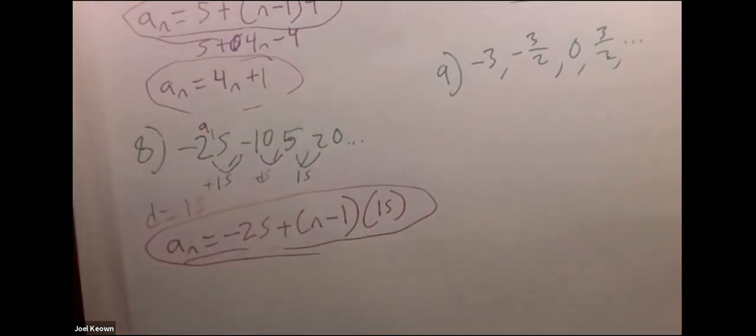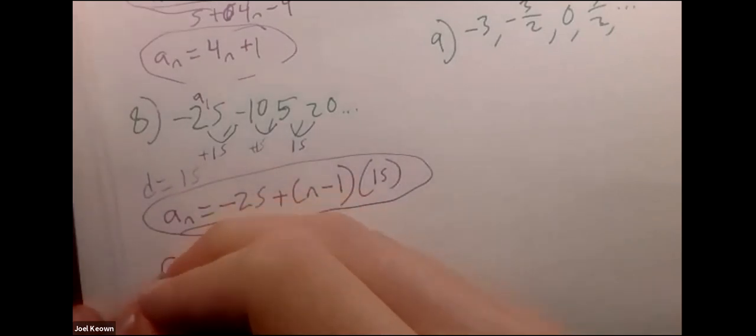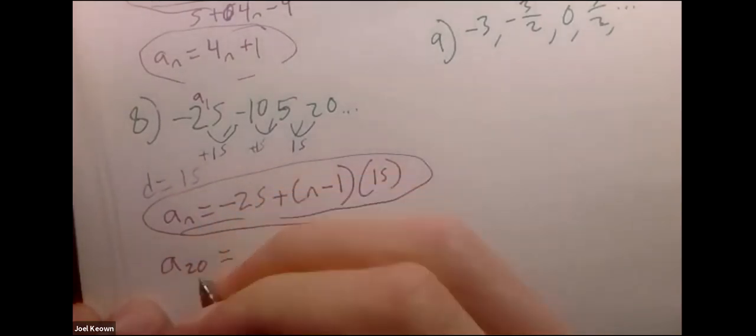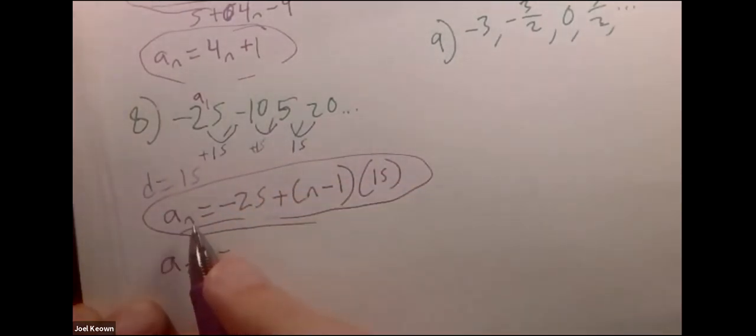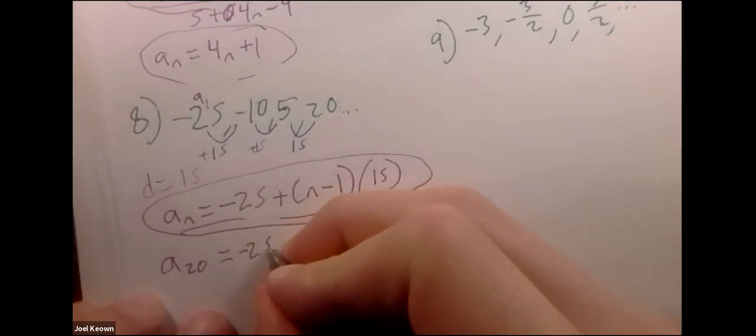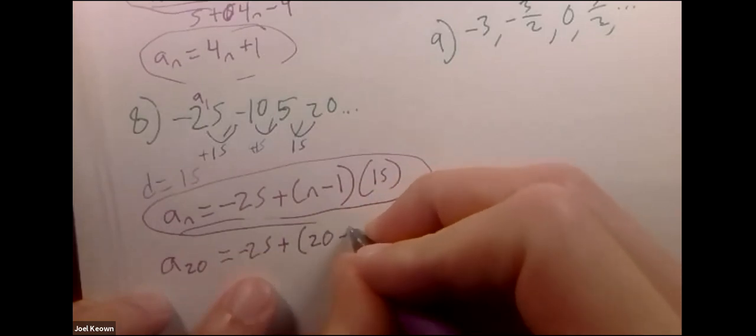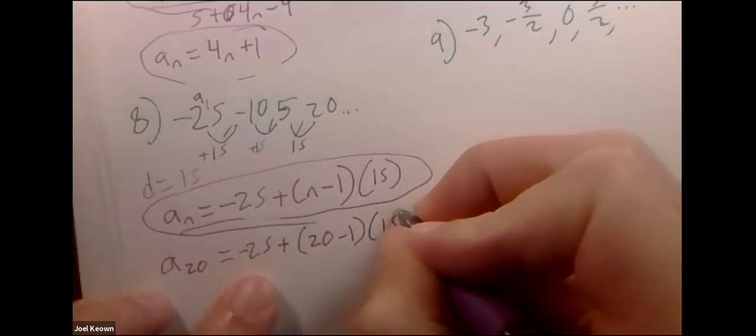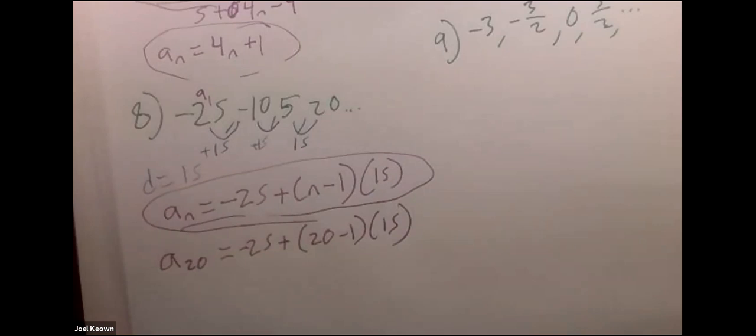Now they say, well, what is a sub 20? A sub 20. So I'm just going to plug 20 in for n. So negative 25 plus 20 minus 1 times 15. That looks like some arithmetic that I don't want to do in my head, so I'm going to pull my calculator up if you'll see it in the video.